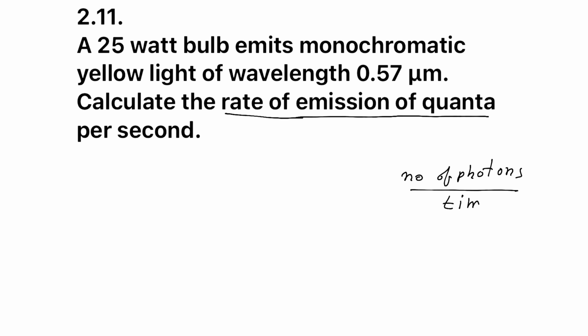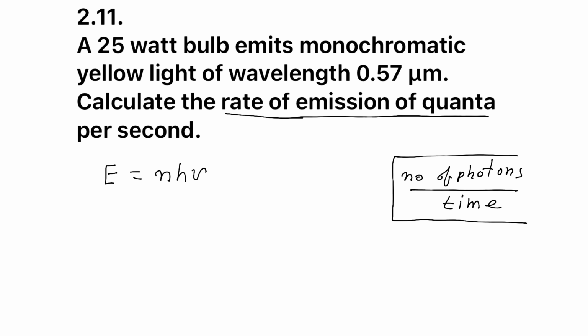It is a direct question. Here it is very clear that more than one photon is coming. That is why they ask rate of emission. So the total energy of photons is N h nu.